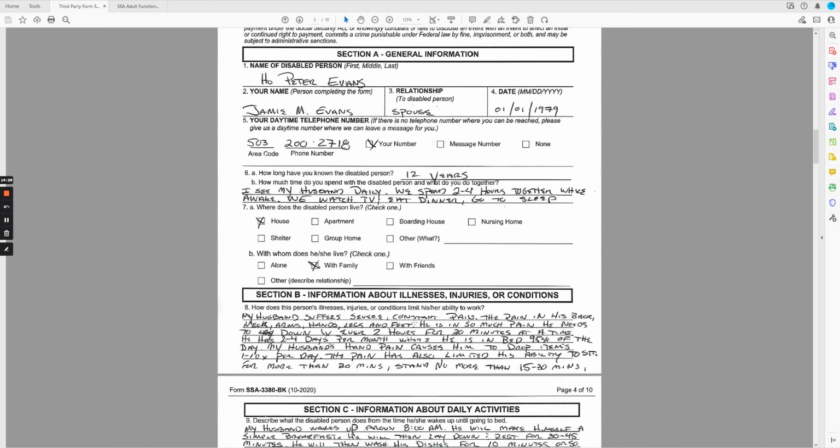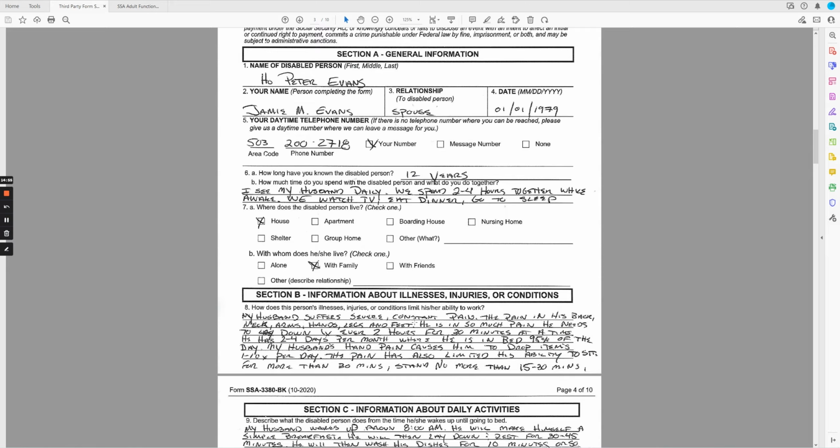The pain that I observe is in his back, neck, arms, hands, legs, and feet, because that's something you can observe, but you don't necessarily know it's because of fibromyalgia or degenerative disc disease. So instead, you're just writing down what you see. He is in so much pain, he needs to lay down 1 time every 2 hours for 30 minutes at a time. So being specific, using numbers and time.